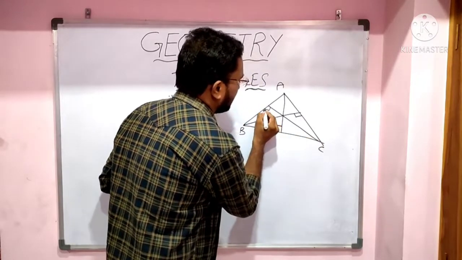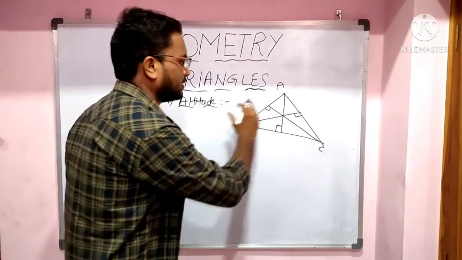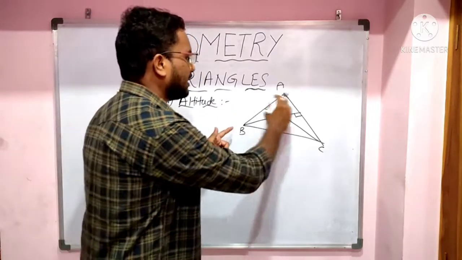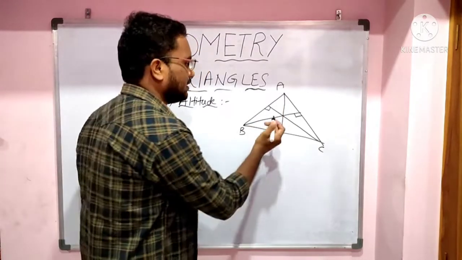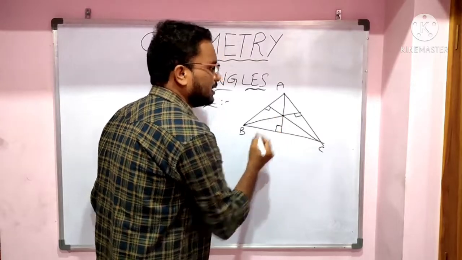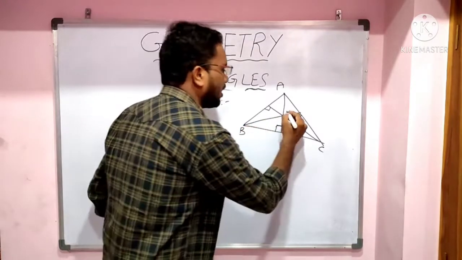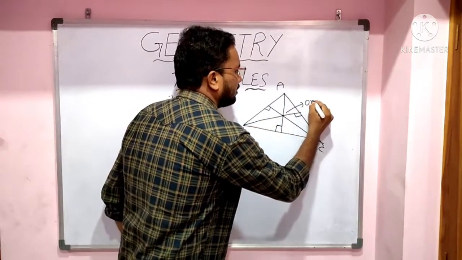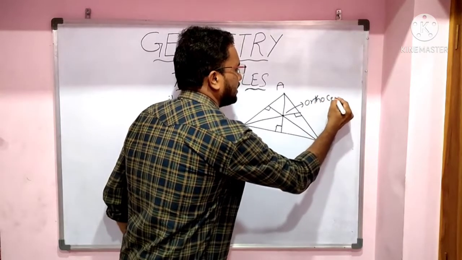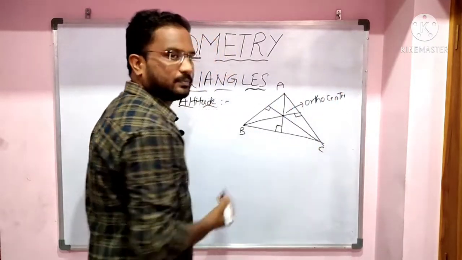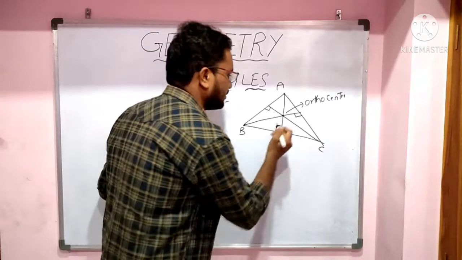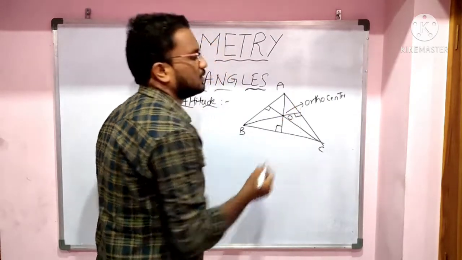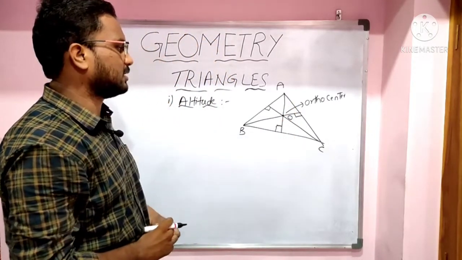We can draw three altitudes from these three vertices, and all these three altitudes are concurrent. That means they all meet at a single point. This point is called the orthocenter. Let's say this is O, the orthocenter.